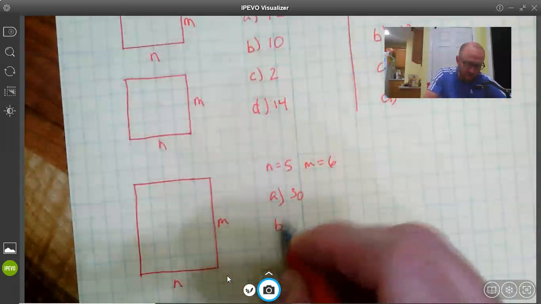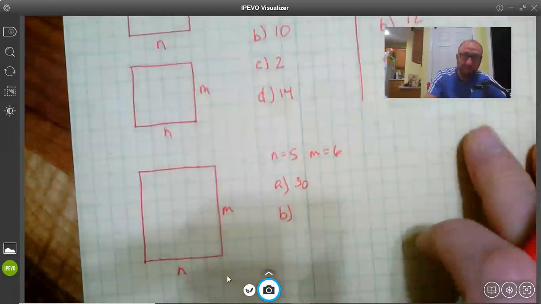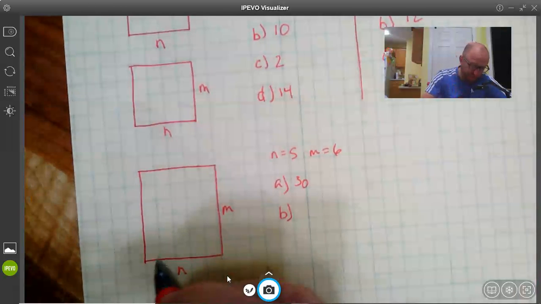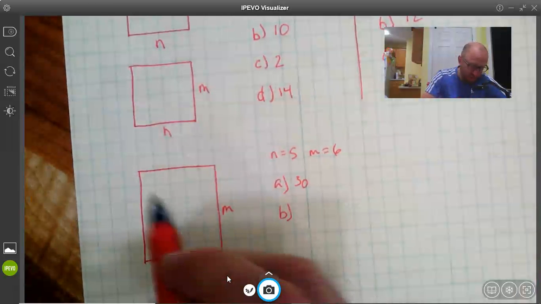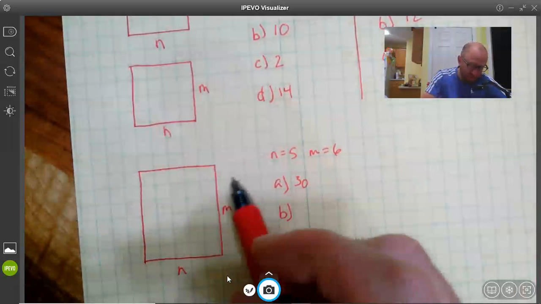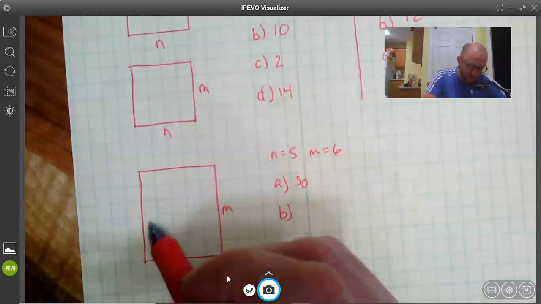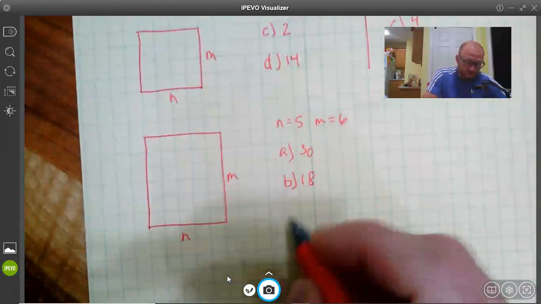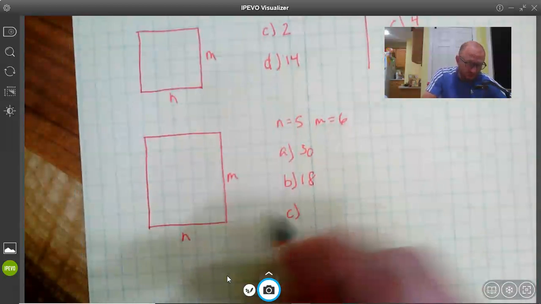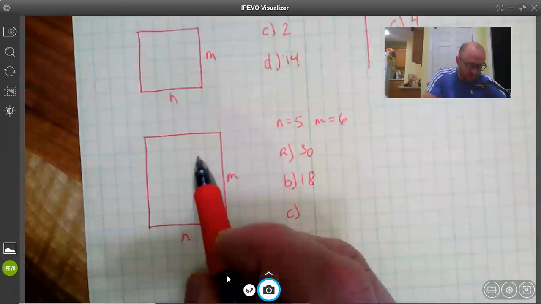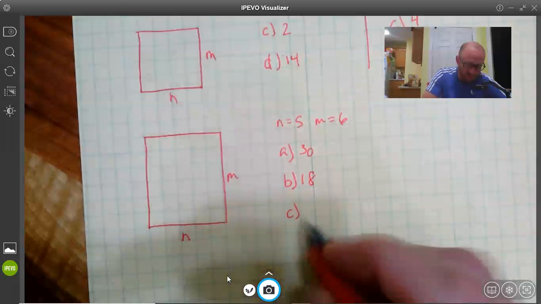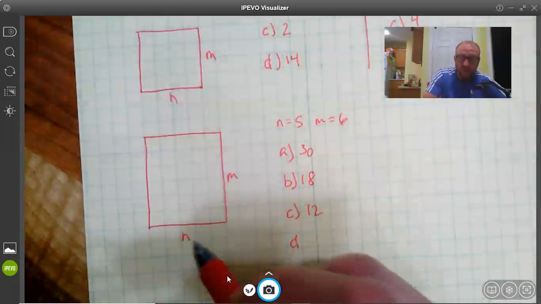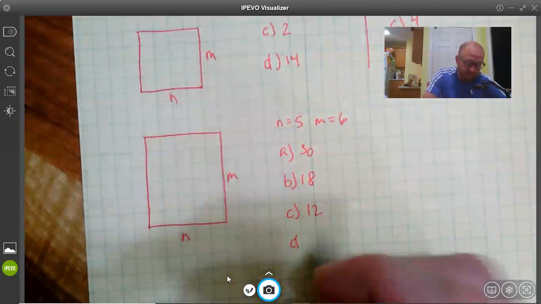For B, we had 1 through 10, and then 8 more, so 18. For C, the ones in the middle that are totally surrounded, that's 12. And D, the perimeter, 6 and 6 is 12, and 10 more is 22.